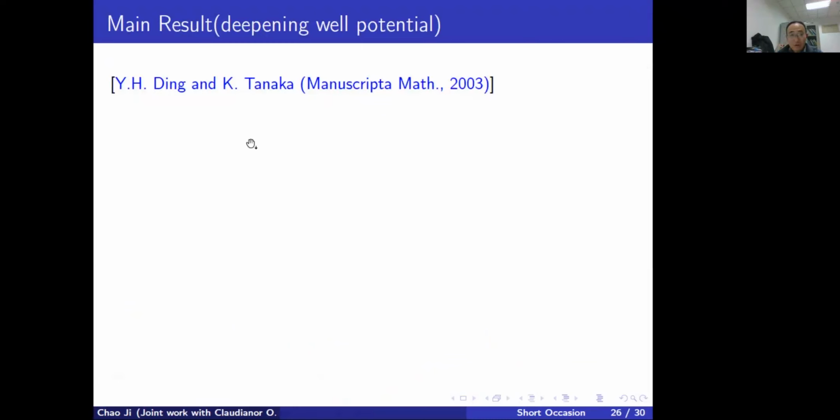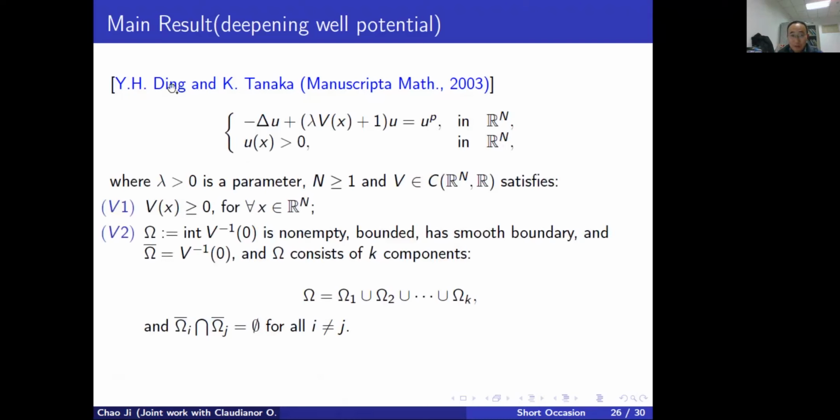Finally, I'll show you one application of our method. In this paper, Ding Yanheng and Tanaka consider this equation. Actually, I simplified the equation. In this paper they wrote a(x) here, not 1, but it is the same.